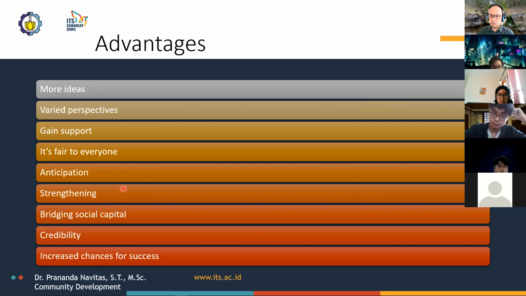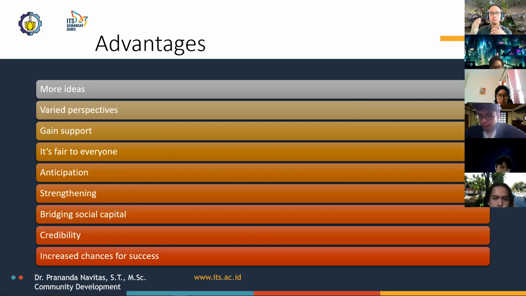It strengthens your position. If there's opposition, if you have an idea for a development program, some people will say yay, others will say nay. And if you recruit stakeholders from different layers of society, then it may strengthen your position.